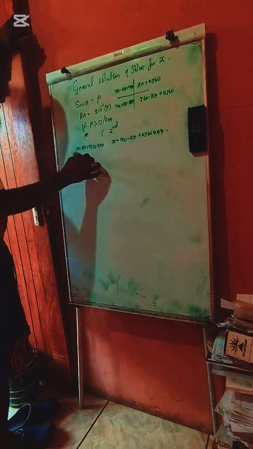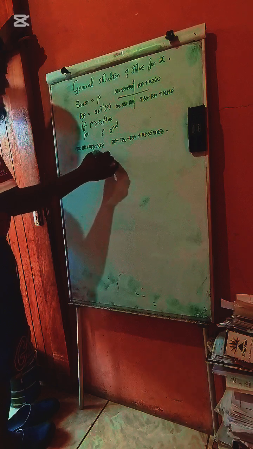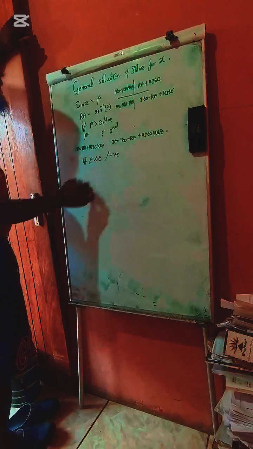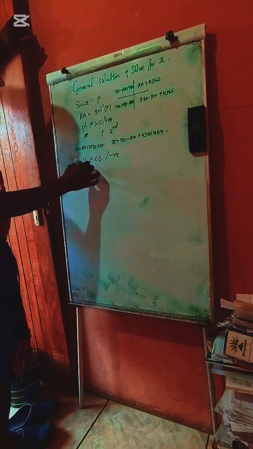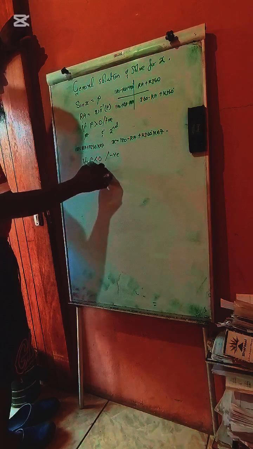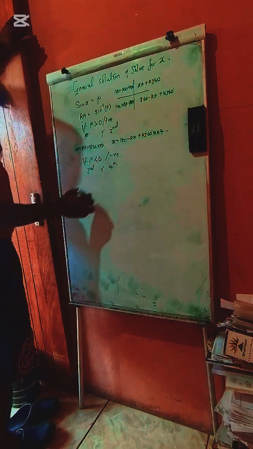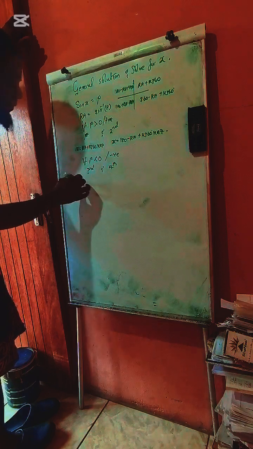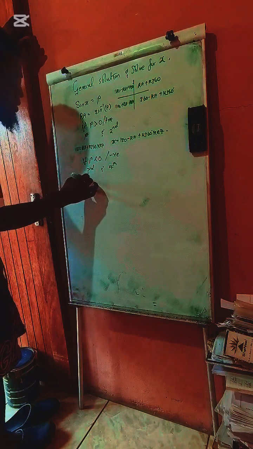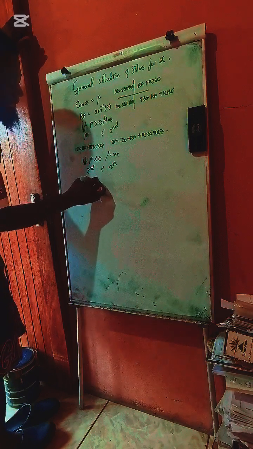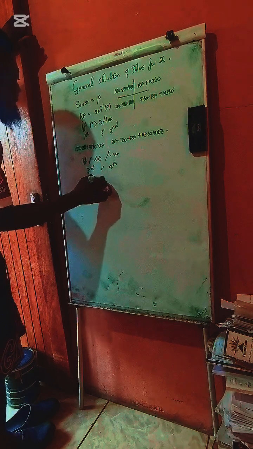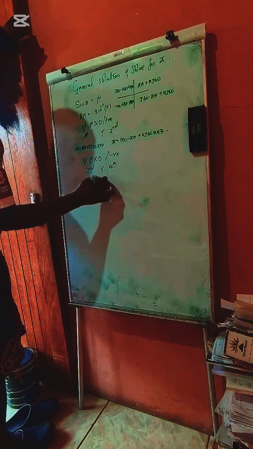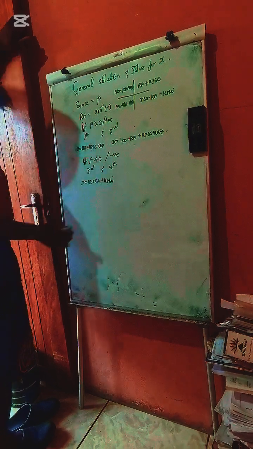Then if p is less than 0, meaning negative, right? It lies in which quadrant? Third and fourth. That's where sine will be negative, which means x equals 180 plus reference angle plus k 360 degrees.